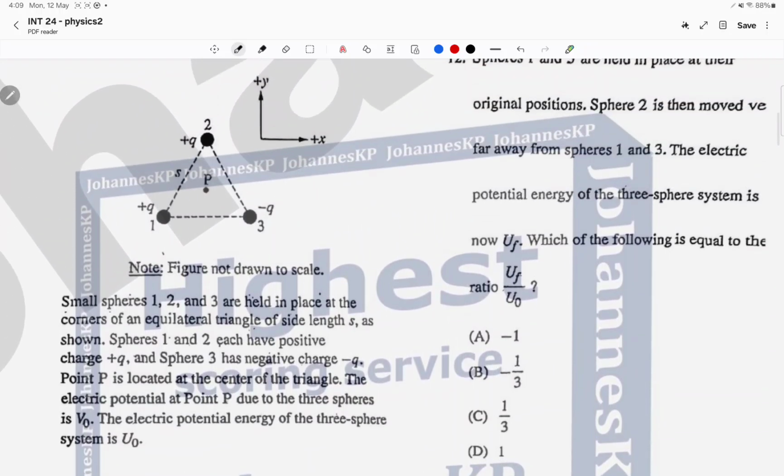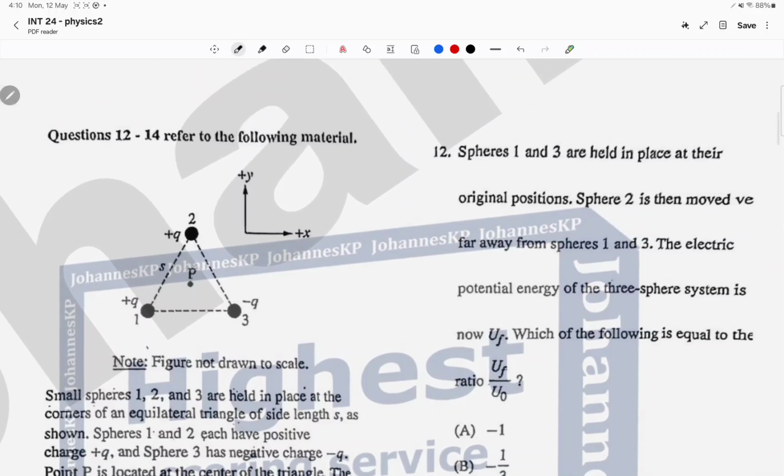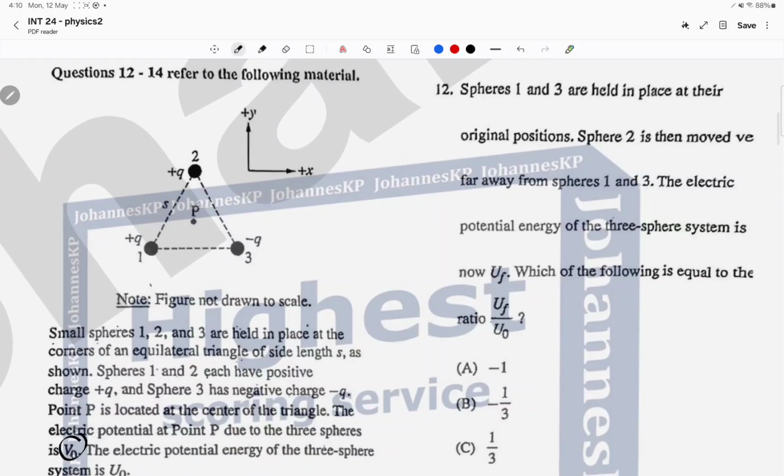Let's understand what's going on here. What do you think? So look, VO is the potential in total. You good? Question 12. Spheres 1 and 3 are held in place at their original positions.